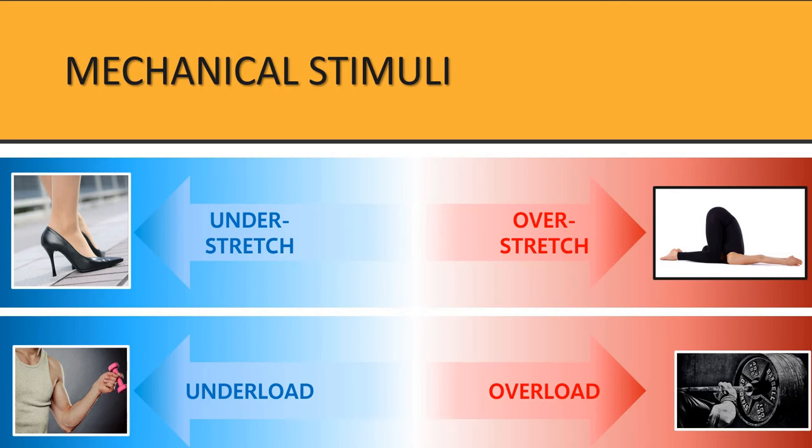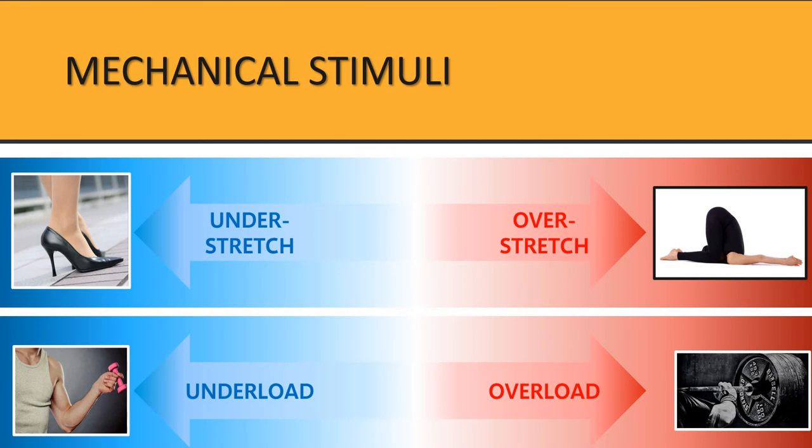So it is understretched, it is not lengthened as often as it normally is. Wearing high heels is a good example of this. This keeps the calf muscles in a shortened position and can result in several issues in the long term with the calves, but again, story for another day.